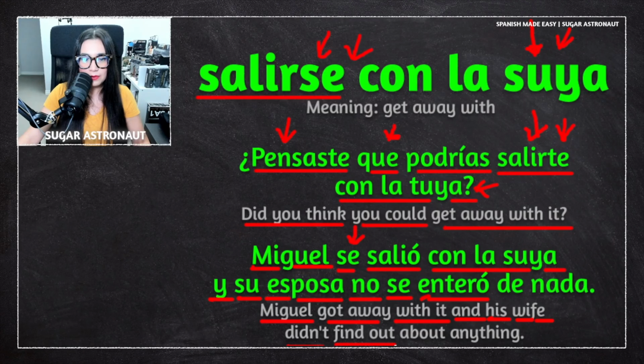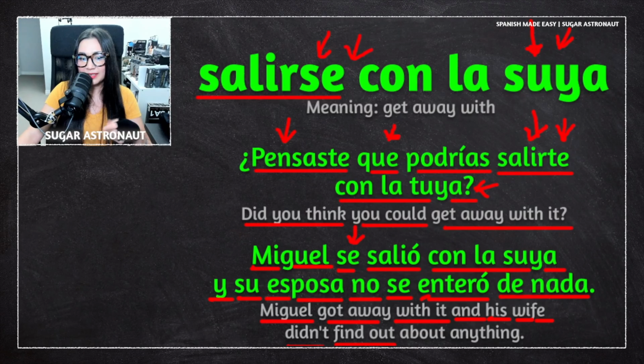So enteró is past tense. She didn't find out. No se enteró. Okay. De nada. De nada can mean you're welcome. If someone says gracias, you can say de nada, and that means you're welcome.